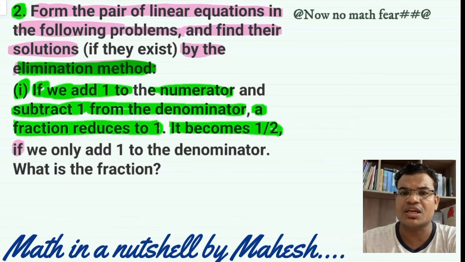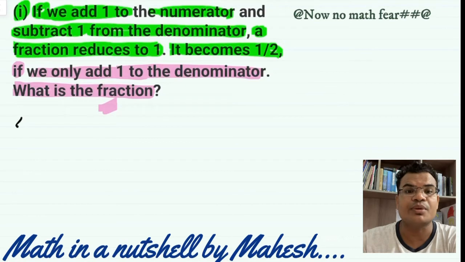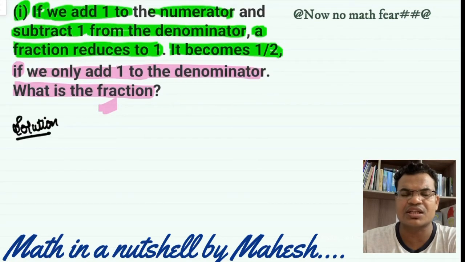The second condition is that the fraction becomes 1 by 2 if we only add 1 to the denominator, with no change in the numerator. So find the fraction. I think it is very simple. So we'll start the solution, go through the conditions and then make the equations.